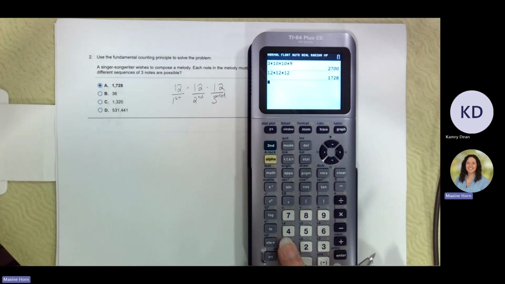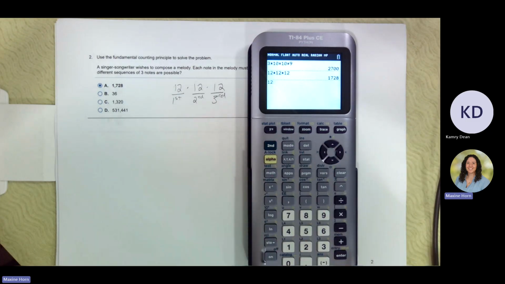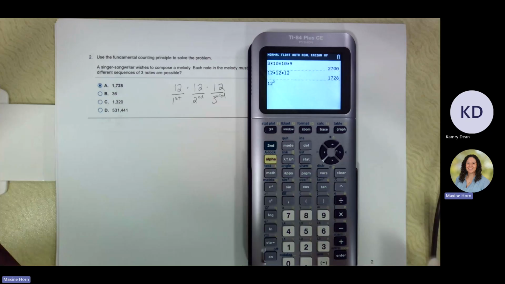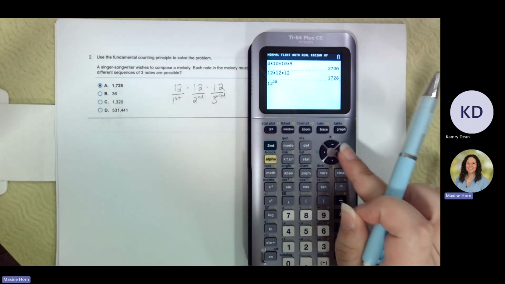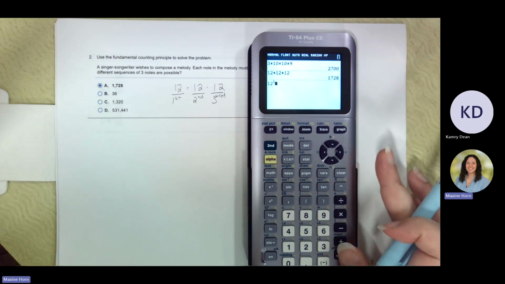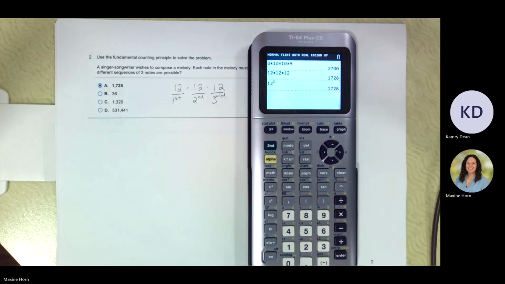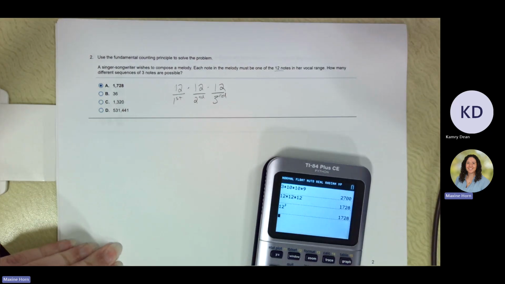So if I wanted to write this as 12 to the third, because I'm multiplying it by itself 3 times, I would go 12, and then you hit the caret button, and then it creates the exponent there, and then you hit 3. To get out of the exponent, if you need to, like if you're going to do something after that, you hit the right arrow. And it's going to give you the same number either way. All right, so same general process for that one.